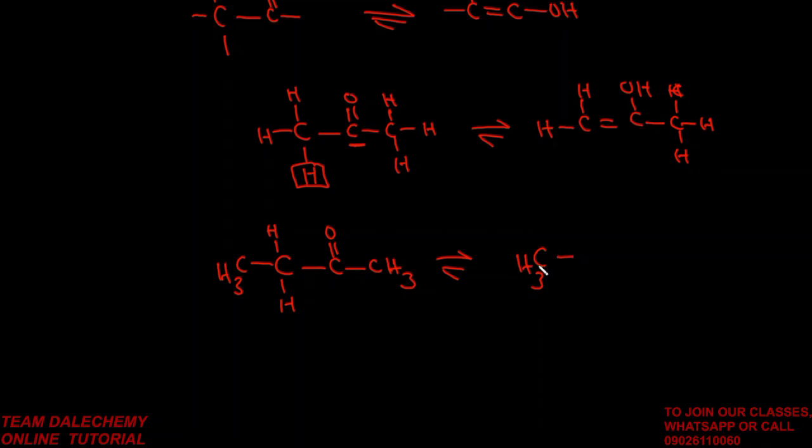Now remove one hydrogen from the second carbon and then place that hydrogen beside the oxygen here to form the OH. Now one of the bonds here will switch to the bond between the two carbons. Then the hydrogen you've removed here, you have already placed there. Then the remaining hydrogen will be here. Then you join the remaining fragment to that carbon that was there with the carbonyl. You join it with the carbon now with OH. So this is the enol, and this is the keto group.